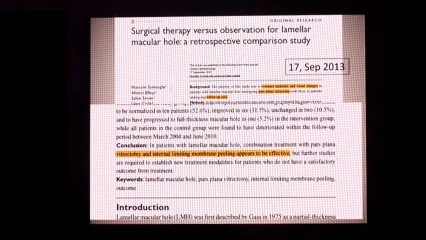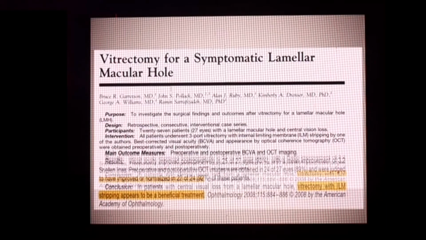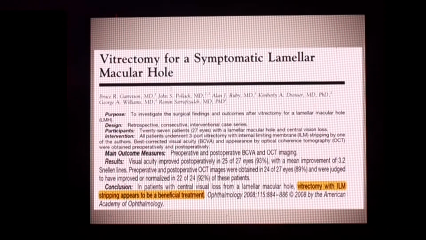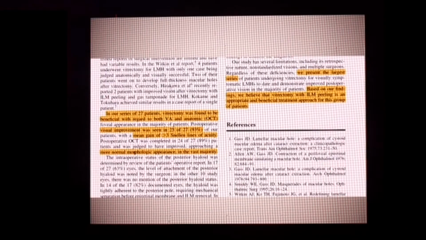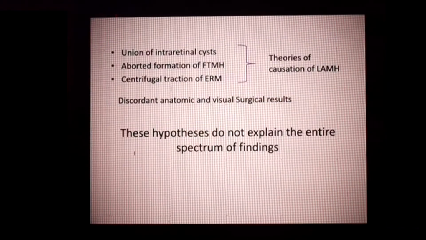And this is just about 5 years ago. Bruce Garretson et al. noted that vitrectomy and ILM peeling, stripping they called it, appears to be a beneficial treatment, and they claimed this as the largest interventional series during those times, and said that it is an appropriate and beneficial treatment approach for this group of patients.